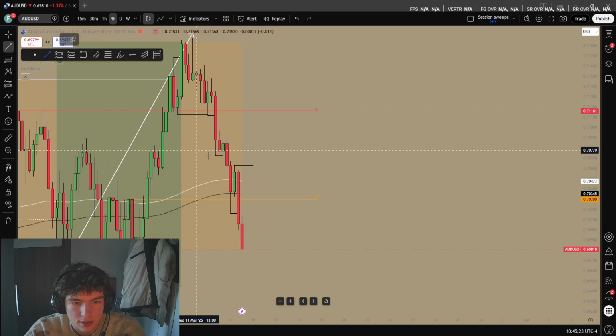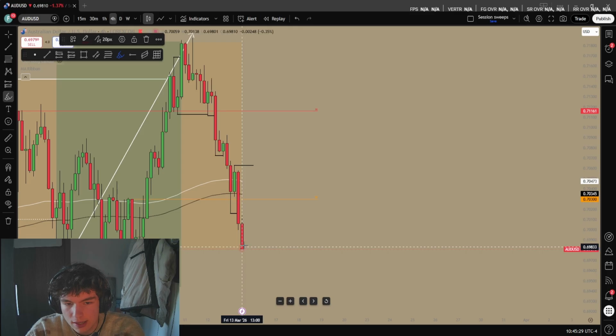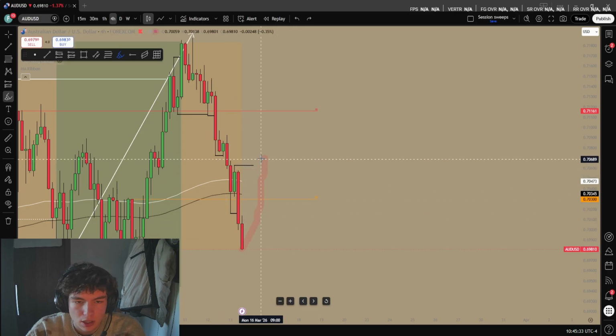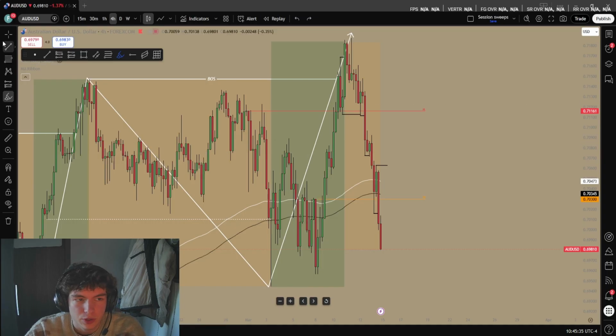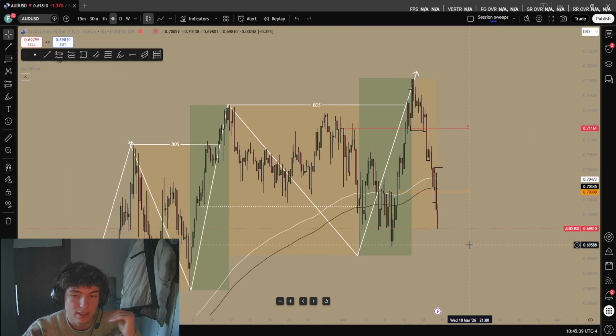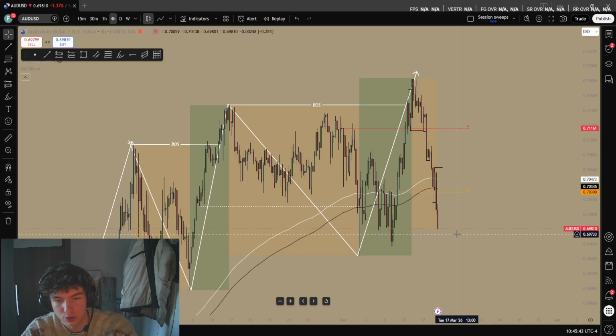So now when our market structure aligns, which we want to see price get above this level, we can then look for a long. Our objective is to basically align the swing structure with the fractal structure.